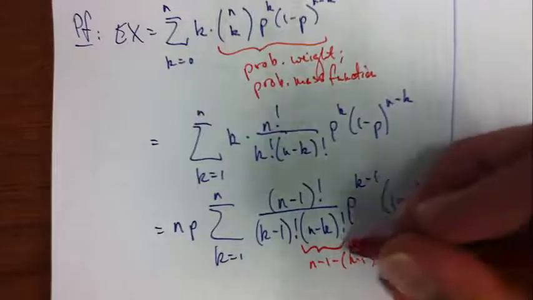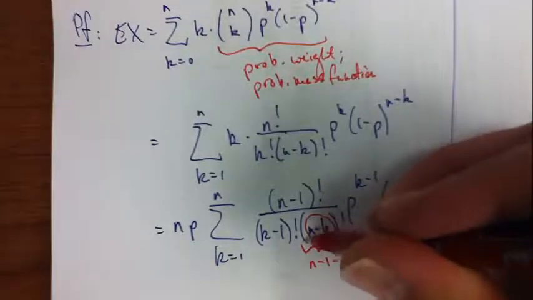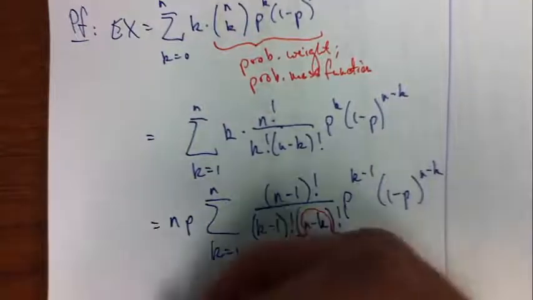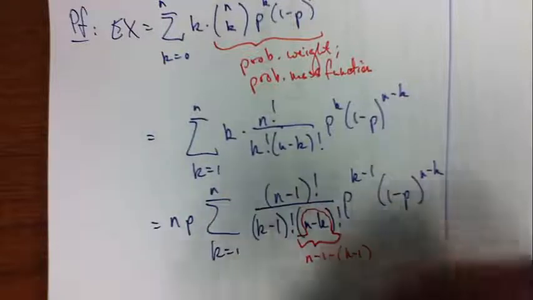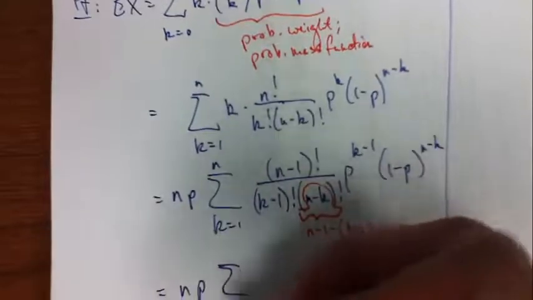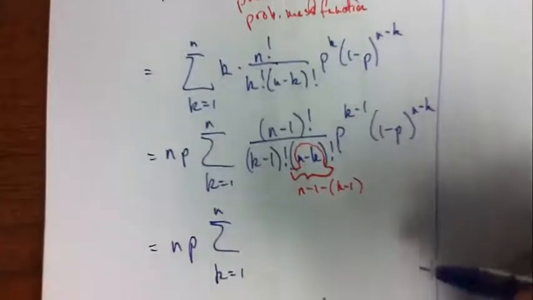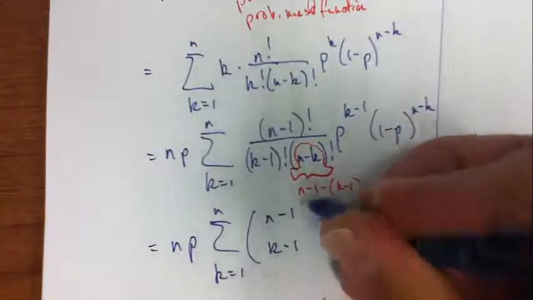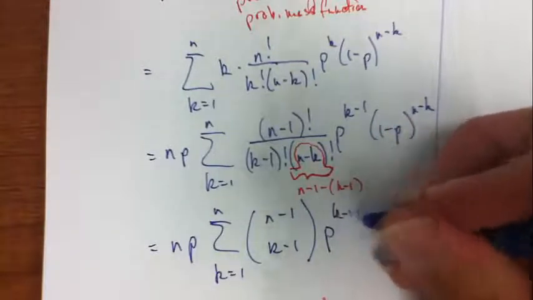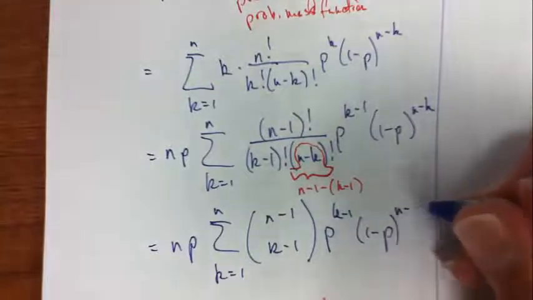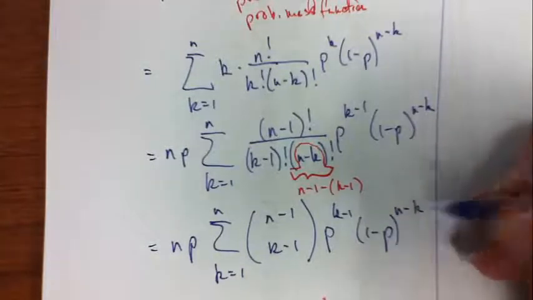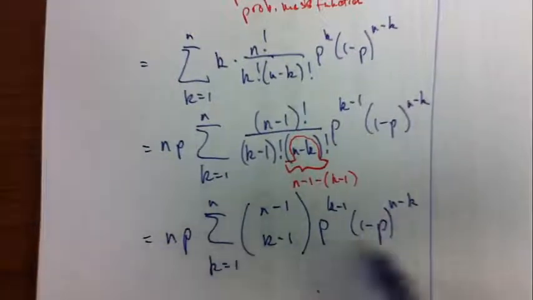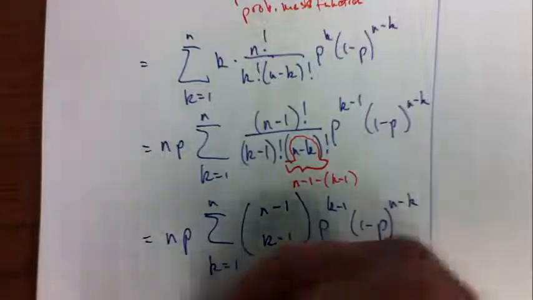So in fact, this is just going to be np times the sum, k goes from 1 to n, of n minus 1 choose k minus 1 times p to the k minus 1 times 1 minus p to the n minus k. And now, can we say that all this stuff is 1? Yeah, actually we can.